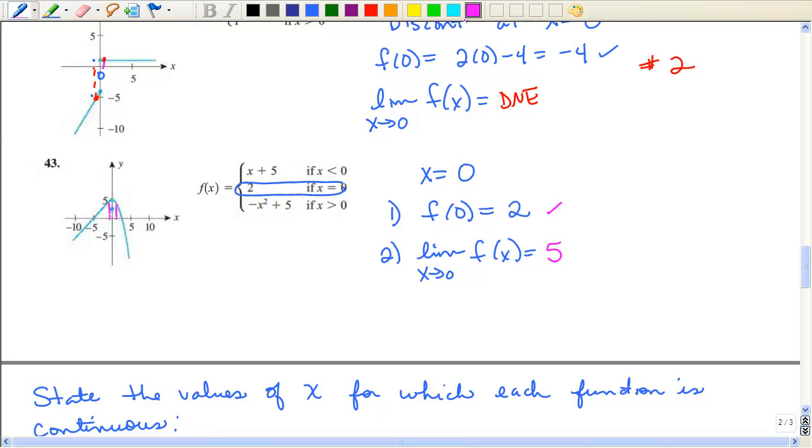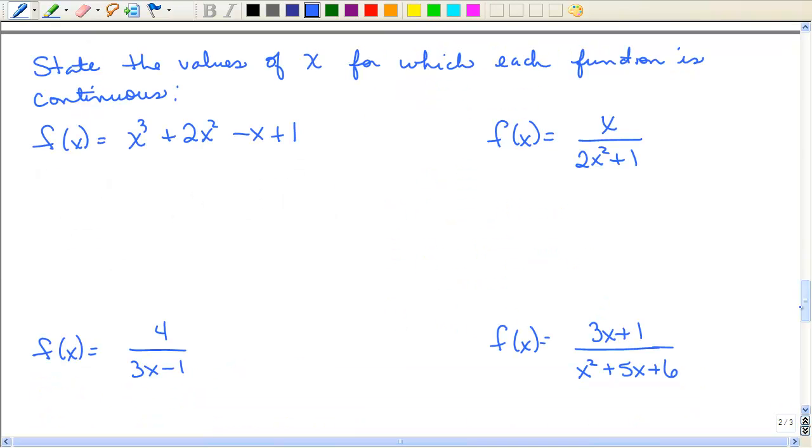So that exists, but what's the third condition? That basically the first two answers have to be the same, and since 2 doesn't equal 5, the third condition is violated because the limit is not the same as the function, right?